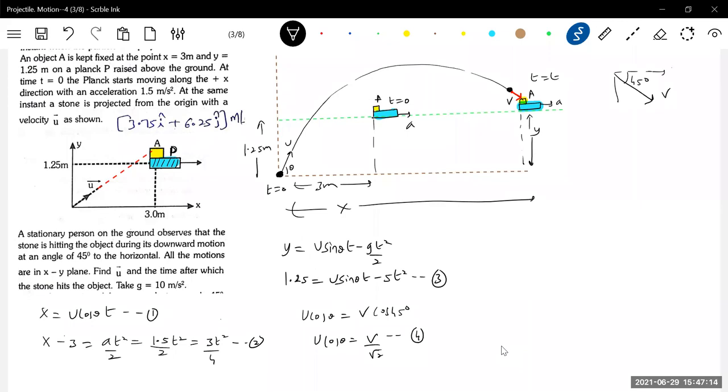When it is striking, it will have Vx and Vy. Tan 45 degrees equal to Vy by Vx. This should be equal to 1. What is Vy? u sine theta minus gt. What is Vx? Vx should be equal to u cos theta.